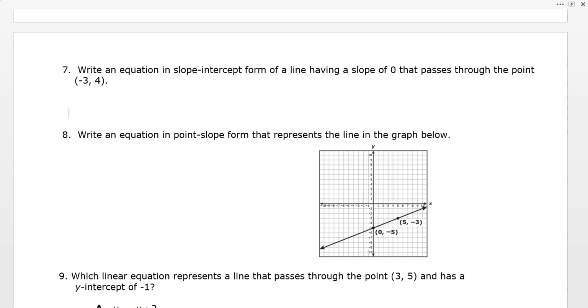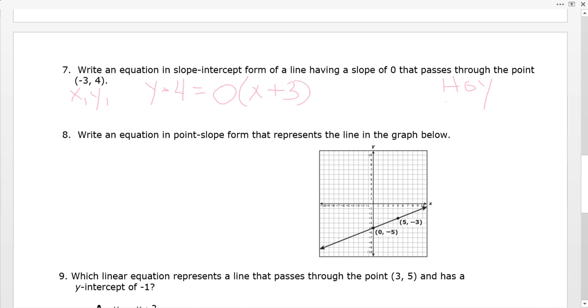So here is an equation for a line that has a slope of 0. So I know that that's going to be a horizontal line. But we'll go ahead and use our point slope form, because now I have x1, y1: y minus 4 equals 0 times x plus 3.